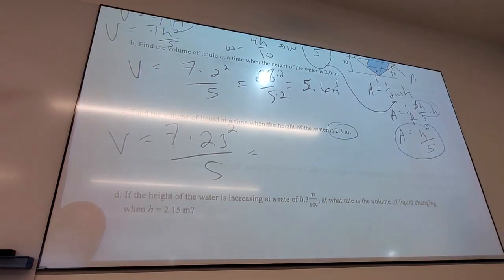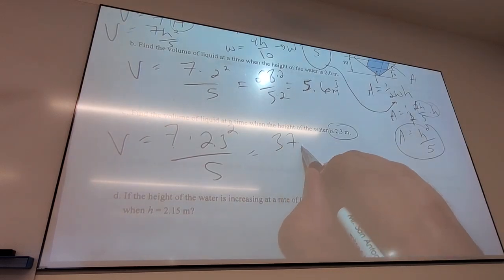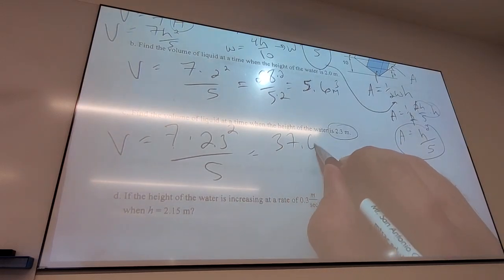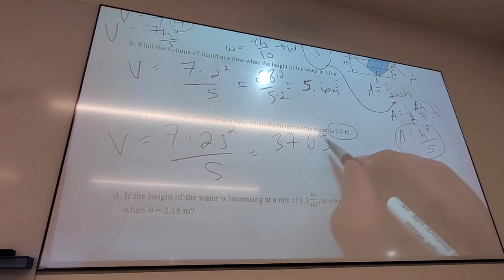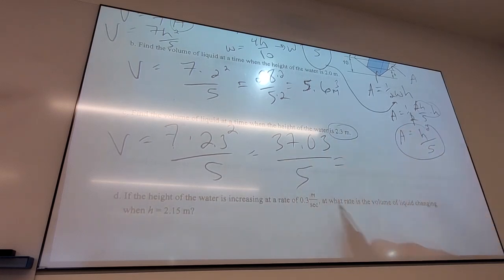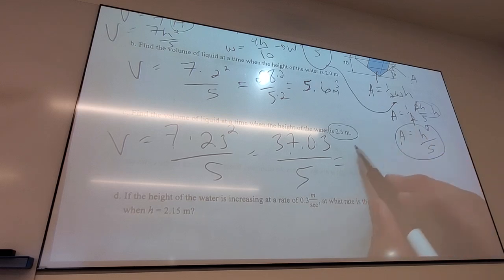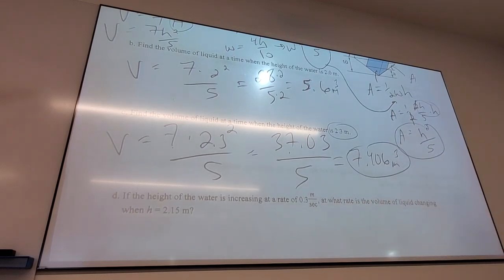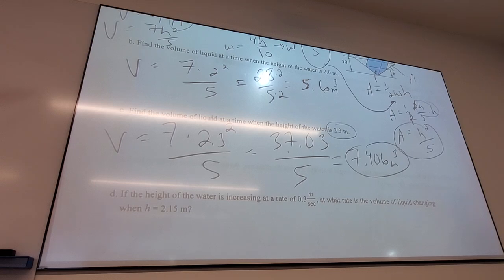So you get 7 times 5.29, which is 37.03. So if I double this, I get 74.06, and I move the decimal back 1, I get 7.406. Somebody can double check if I did that right in my head. 7.406. Yay!